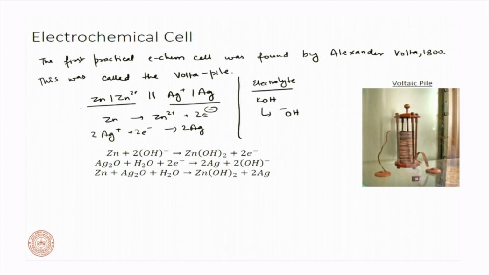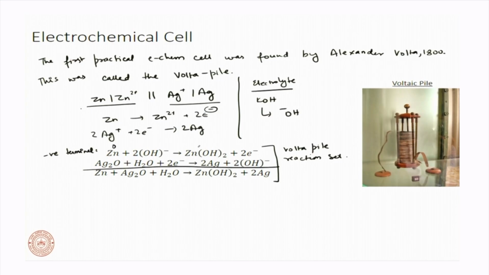This is the net reaction that happened in the Volta pile. So, this is the Volta pile reaction. We can see, this is the overall reaction. What is giving electrons is your negative terminal. So, at the negative terminal, zinc is getting oxidized to form zinc 2 plus.